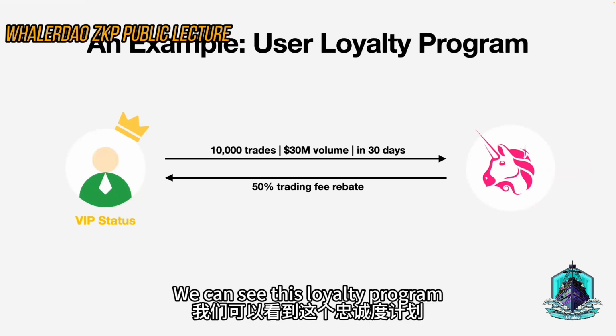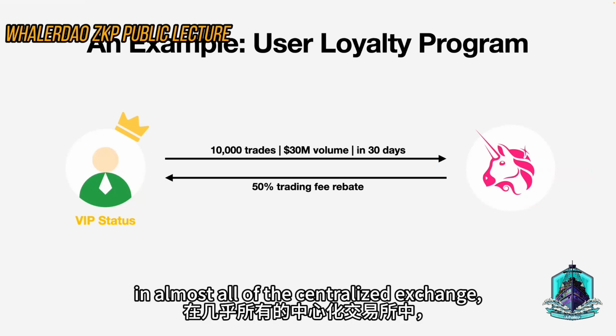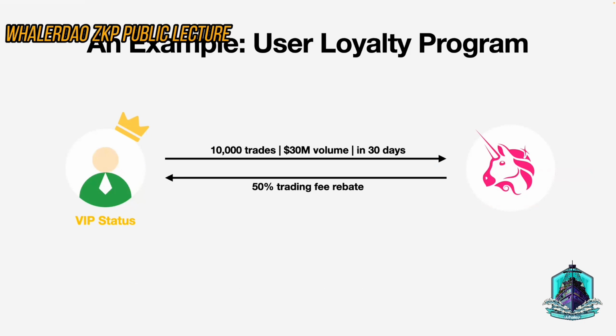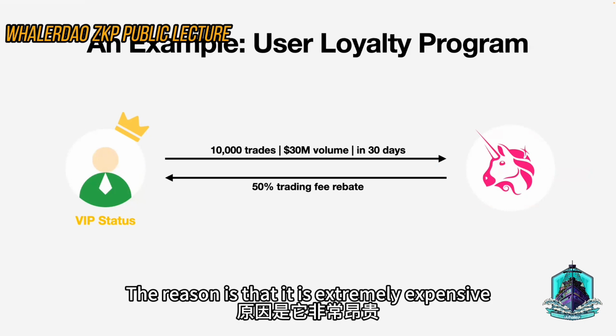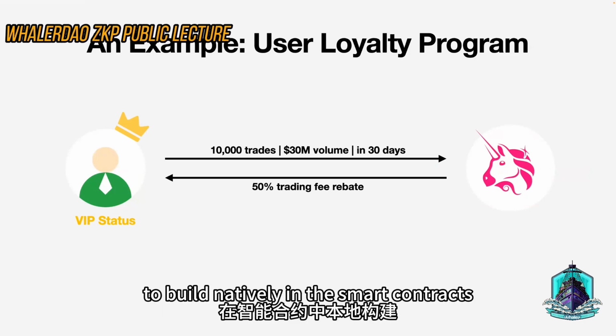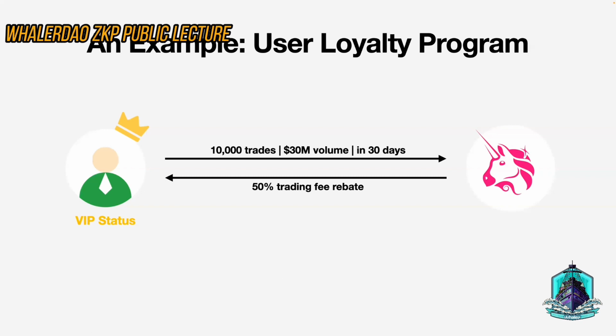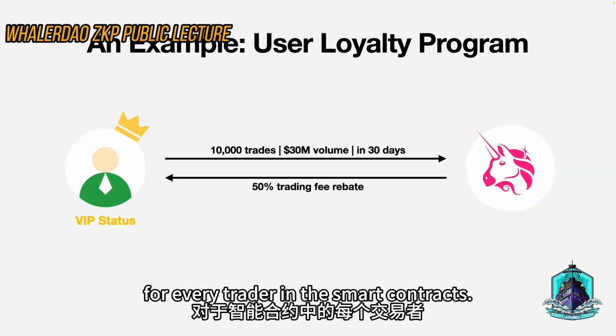We can see this loyalty program in almost all of the centralized exchanges, but not in decentralized exchanges at all. The reason is that it is extremely expensive to build natively in the smart contracts, as it needs to track and record every single trading transaction for every trader in the smart contracts.